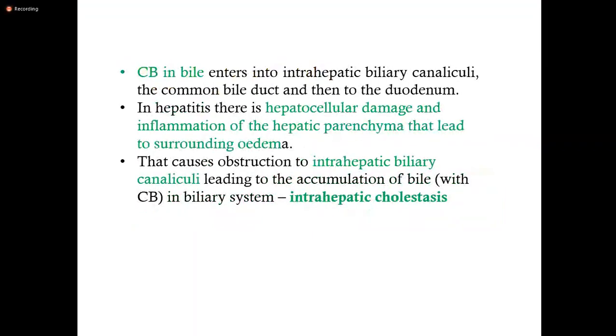Then this conjugated bilirubin enters the bile and the intrahepatic biliary canaliculi, then the common bile duct, and then it is released into the duodenum for its functions. For this answer, we don't have to tell what happens to bilirubin in the gut, because here the problem is basically intrahepatic cholestasis.